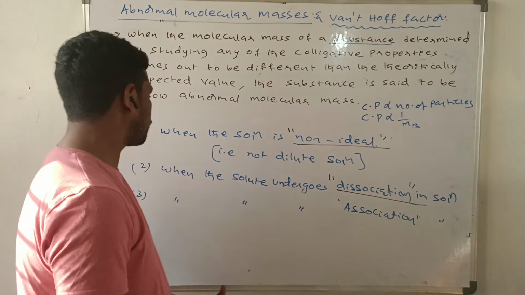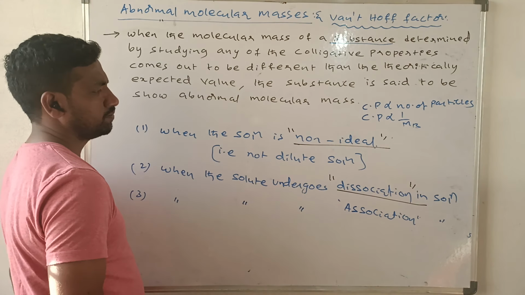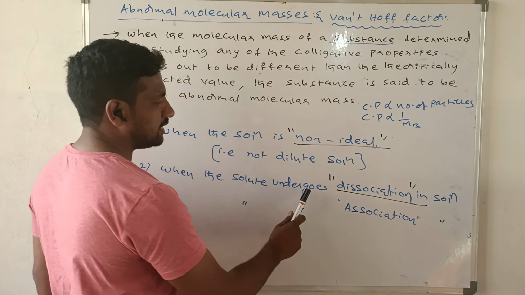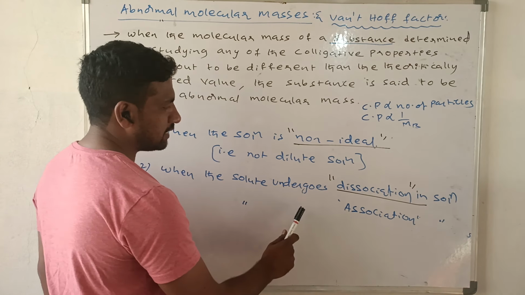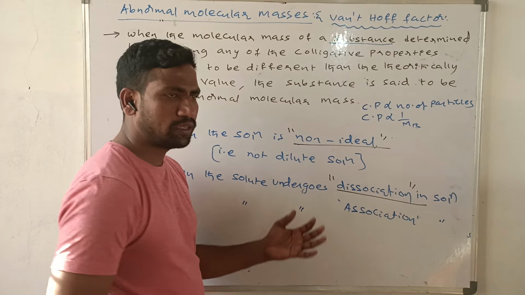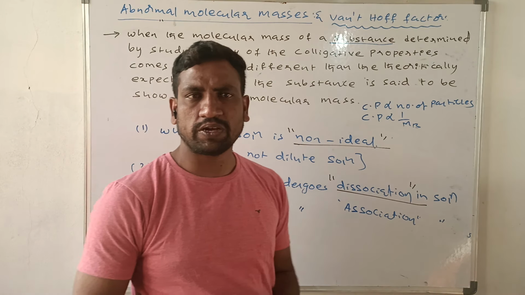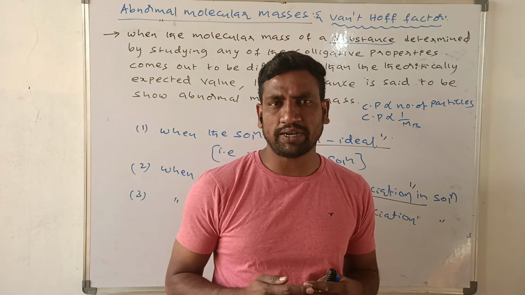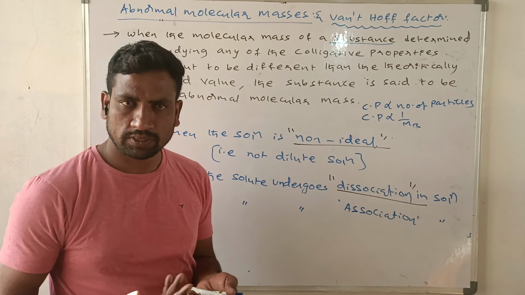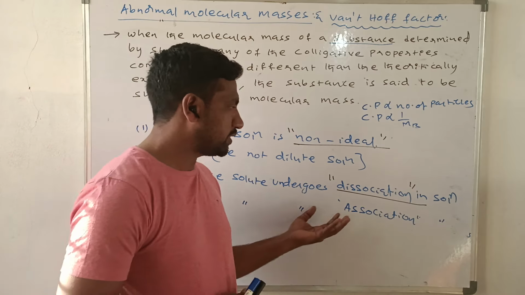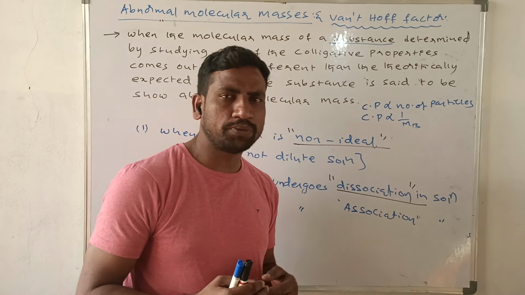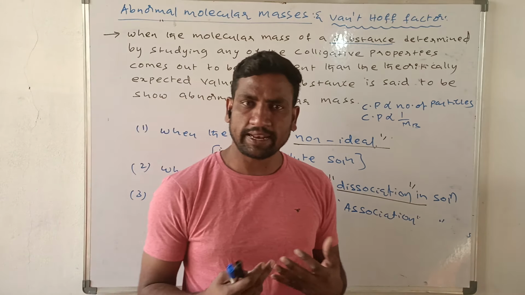One is when the solution is non-ideal, when the solute undergoes dissociation in the solution, and when the solute undergoes association in the solution. If the solute is undergoing dissociation, we are going to get more colligative property than expected. And when the solute is undergoing association, we are going to get lower colligative property than the expected value.